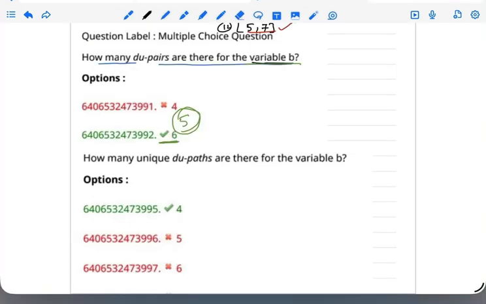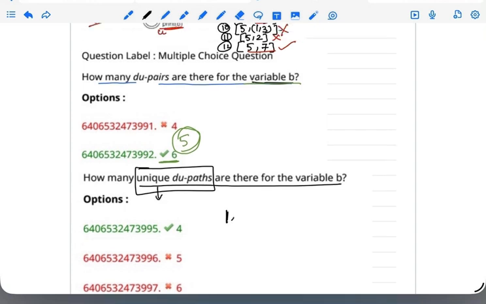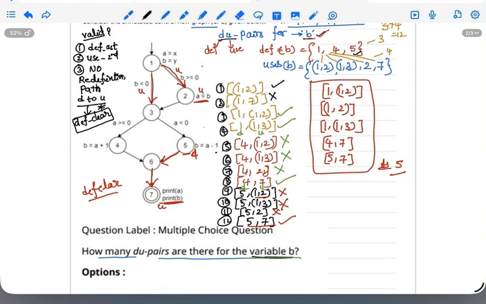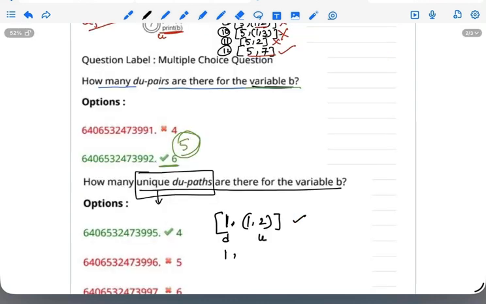How many unique du pairs are there for the variable b? This one is important: unique du paths. 1 to 1, 2 is a unique du pair, the definition of the variable b at 1 and use at 1, 2. 1 to 1, 3 is also a unique du pair because of the definition and use.